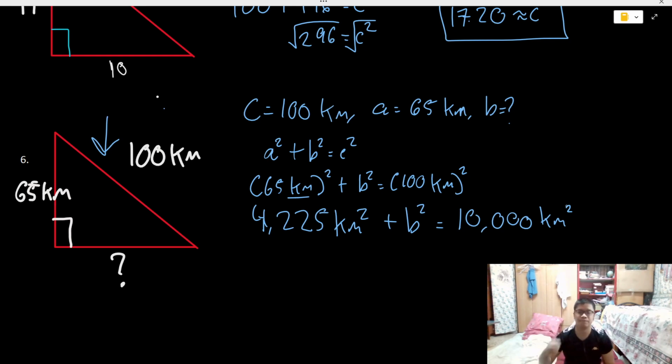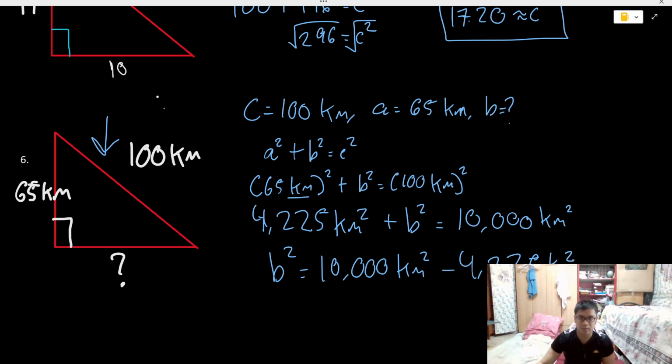Yeah, I'm correct. So now let's find your B squared. Let's transpose 4,000 on the right side. So we will have B squared is equal to 10,000 kilometers squared minus 4,225 kilometers squared.